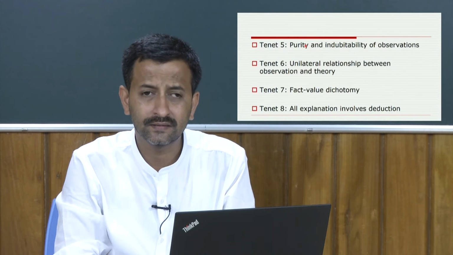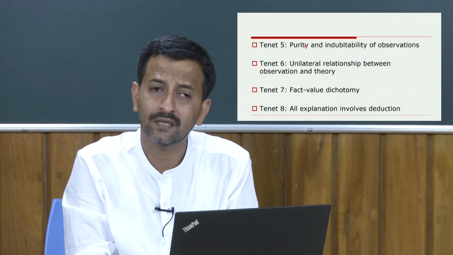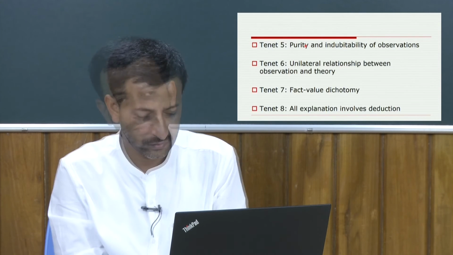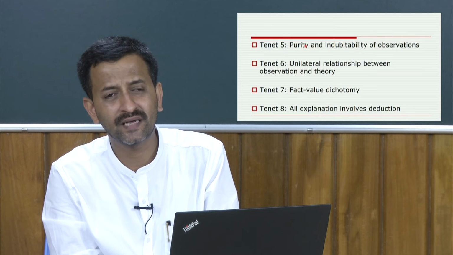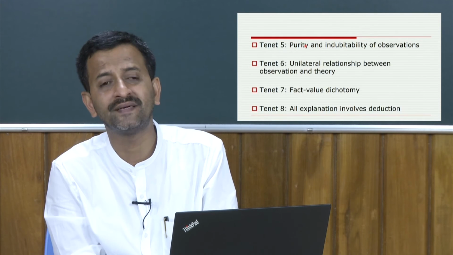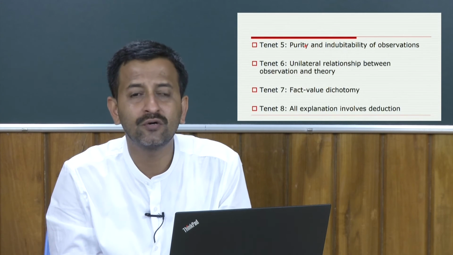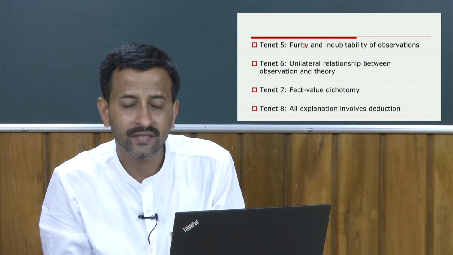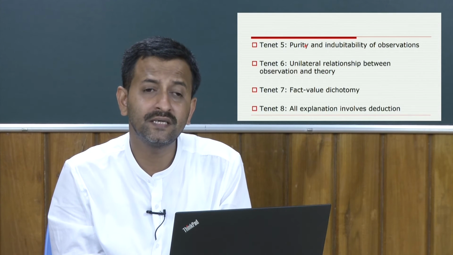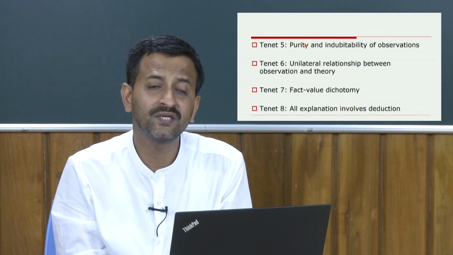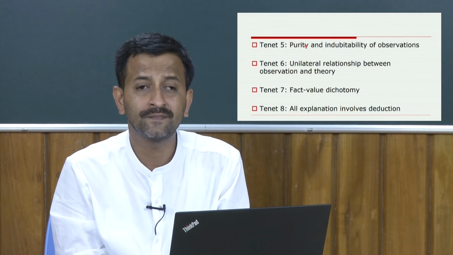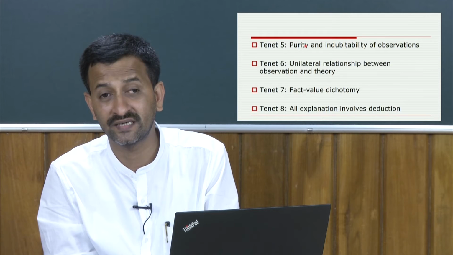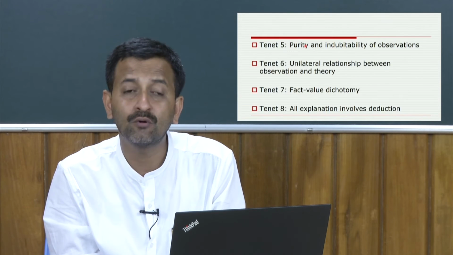Scientific observations are pure in the sense that they are theory independent. Observations do not depend on theory, as inductivists argue. What did inductivists argue? That first we must collect observational data without recourse to any theory.